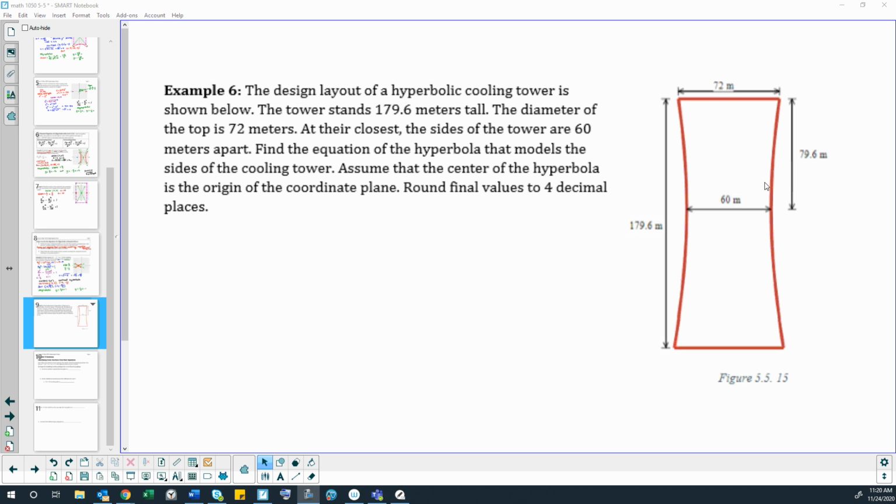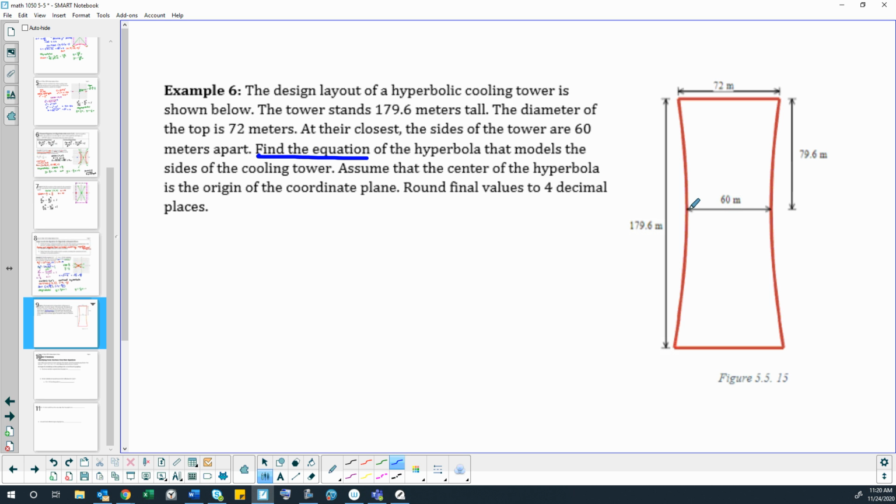Alright, let's go to the actual assignment of finding the equation, right? That's what we're doing. Find the equation. So all of the details in here are in our picture already. Let's just double check those. So the tower is 179.6 meters tall. The diameter at the top is 72 meters.